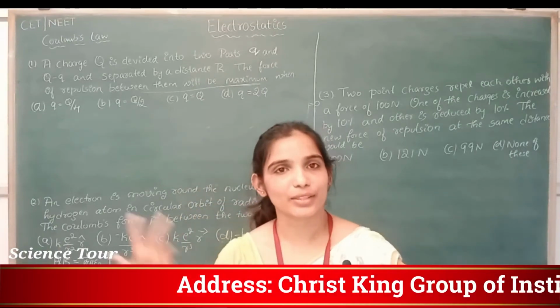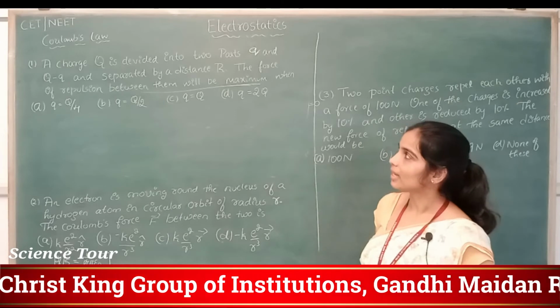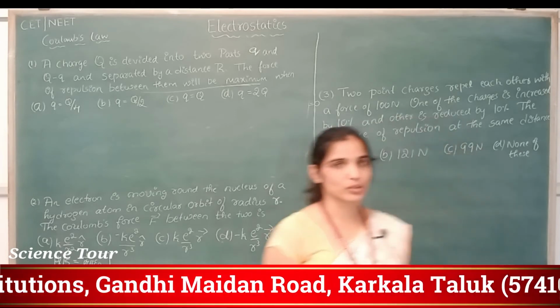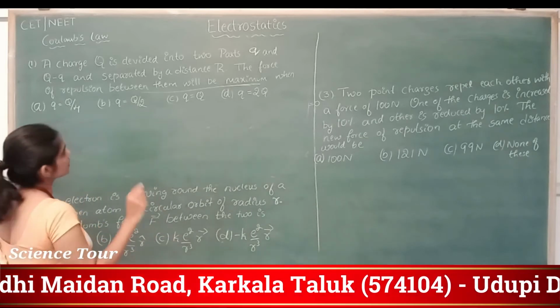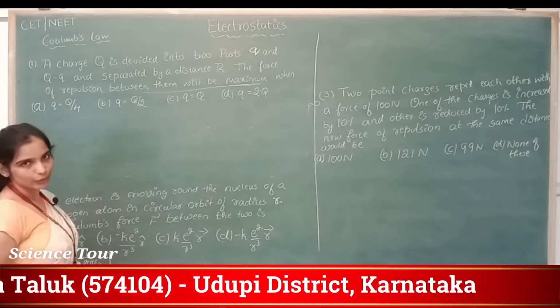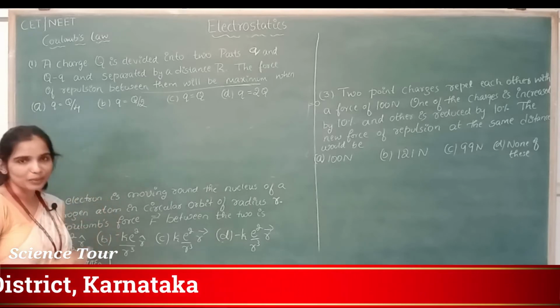Yes students, let's solve some of the problems under Coulomb's law. Let's move to the question. A charge Q is divided into two parts. One is q, that is small letter q, and Q minus q, obviously, right?